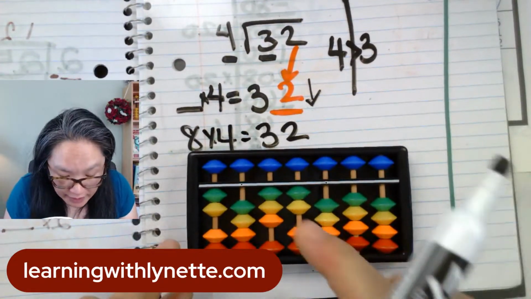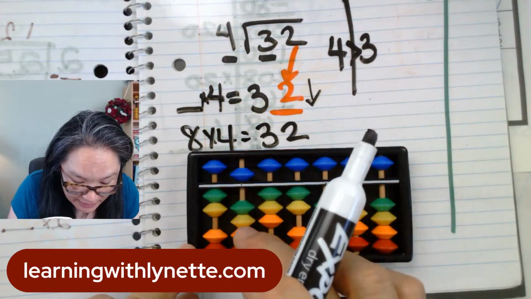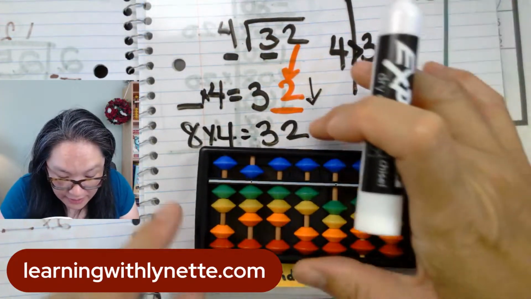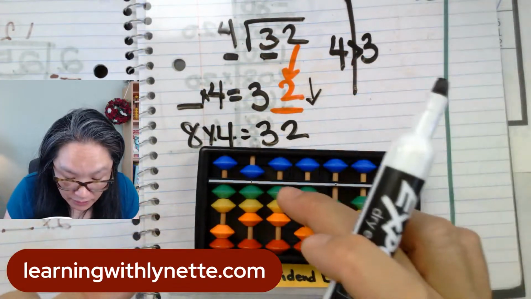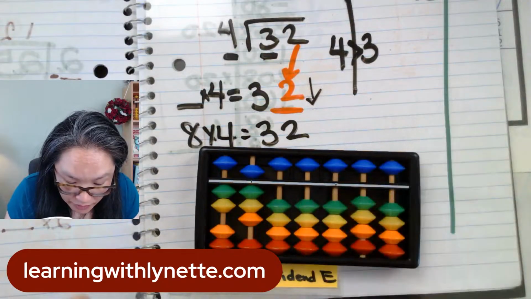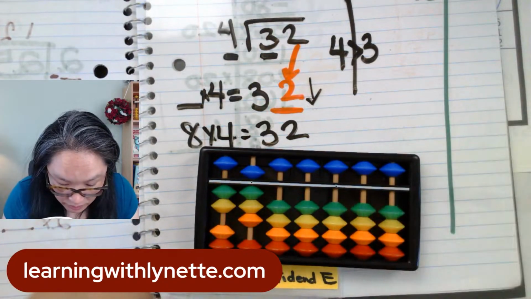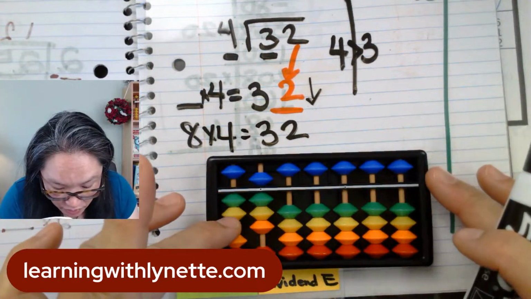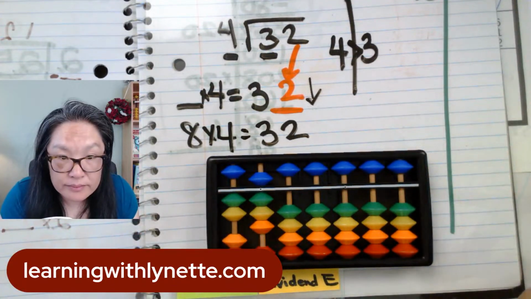So I add my 8. That's my quotient. And then I take away 32. Take away 3. Take away 2. So my final answer is 28.